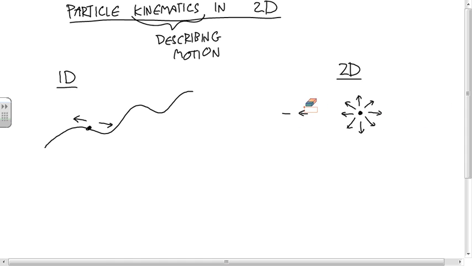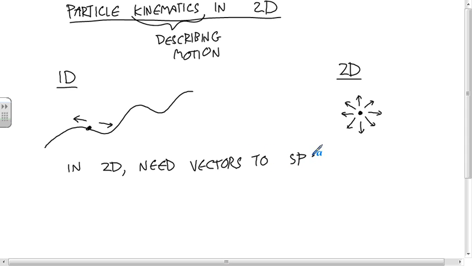So we're going to need to develop a whole different way of talking about directions. And that new way of talking about directions is vectors. So in 2D, we're going to need vectors to specify directions.